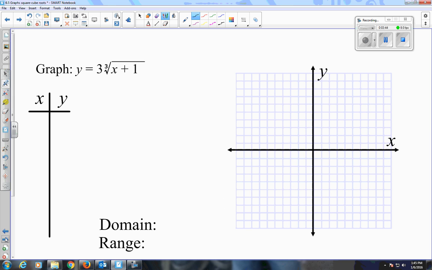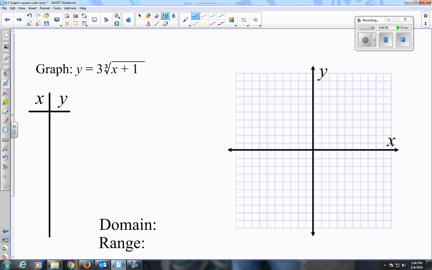So let's look at one where it's not quite that simple, because you're not going to just graph the cube root of x sixteen times. We're going to play with them a little bit. I've got y equals 3 times the cube root of x plus 1. We know what our parent function looks like.